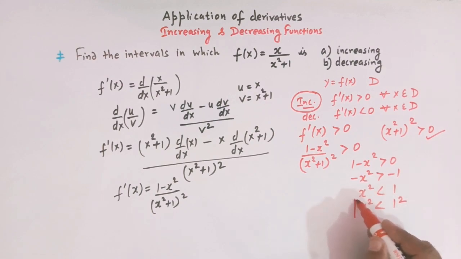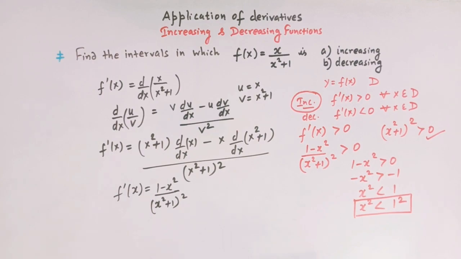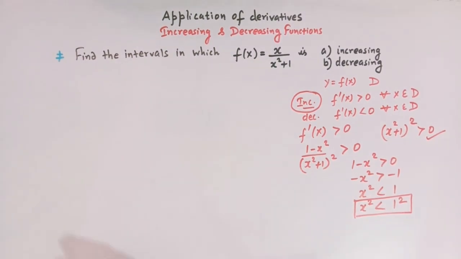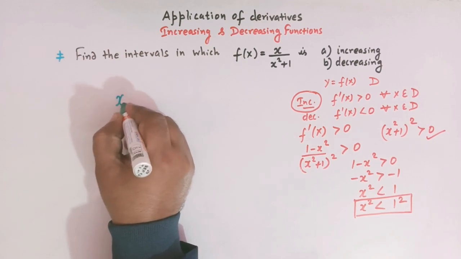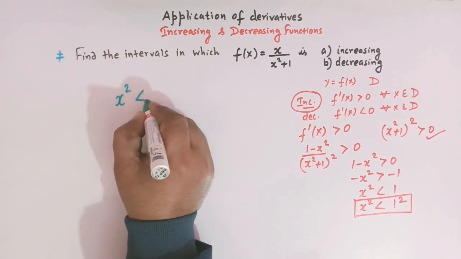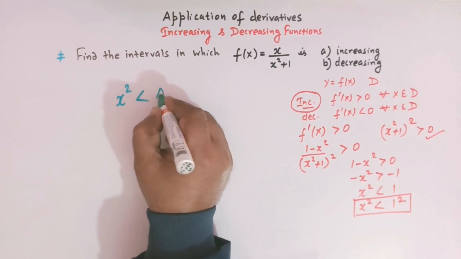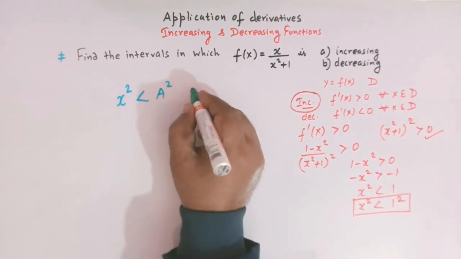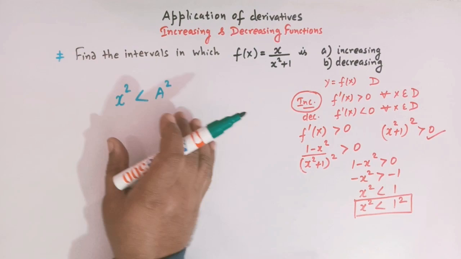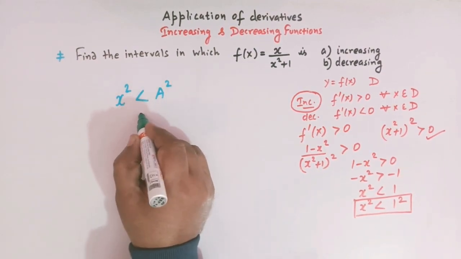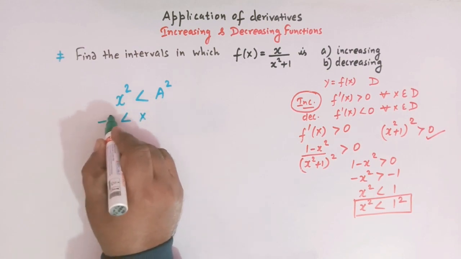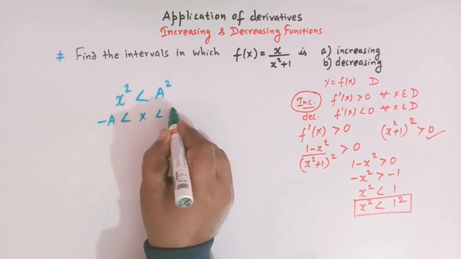And now here we'll make use of a direct result from inequalities. From the theory of inequalities, we know that if we have x square less than say a square, where a is some real number, then the value of x always lies between minus a and a, right?